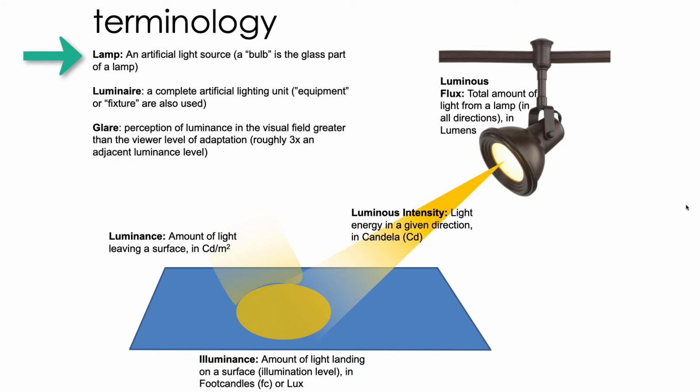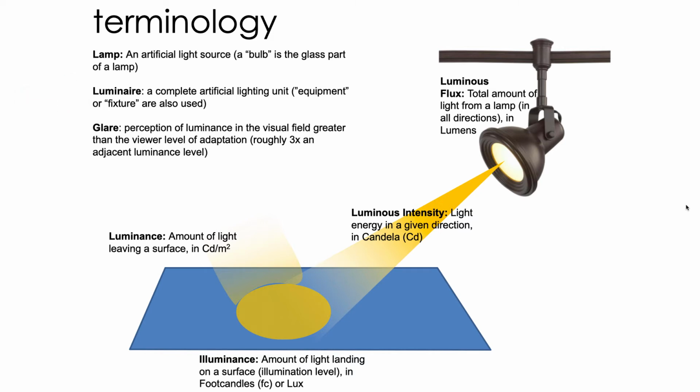In modern LED lighting, that's the case; in the old days, it contained a vacuum, and the vacuum prevented the tungsten filament from burning out too fast. And a luminaire is a complete artificial lighting unit. Equipment or fixture are also words that we use for that.